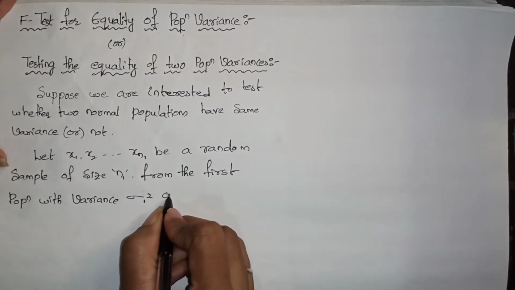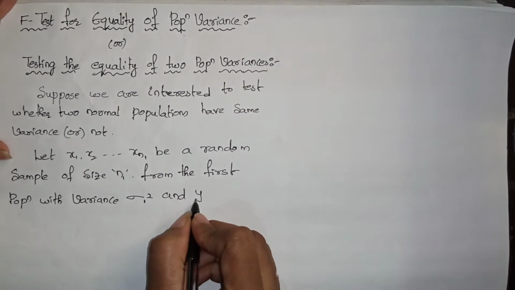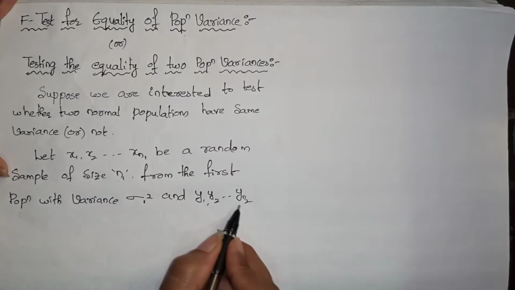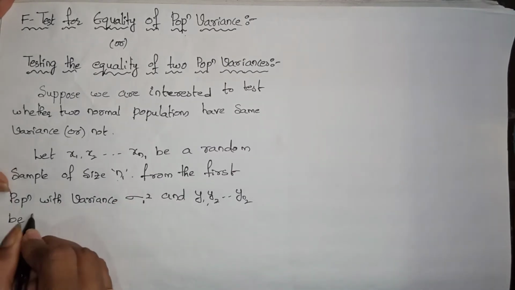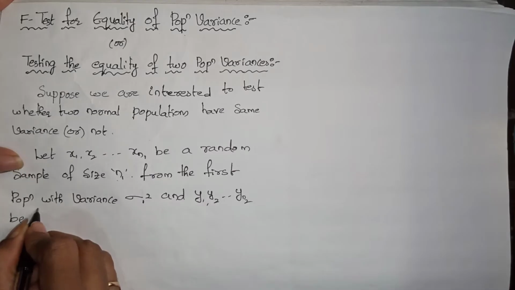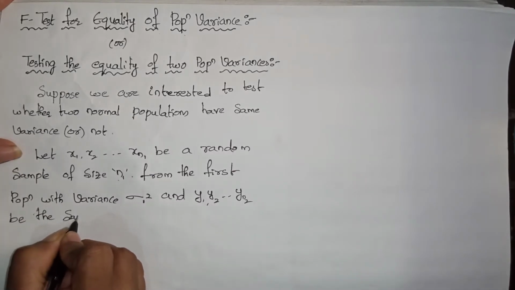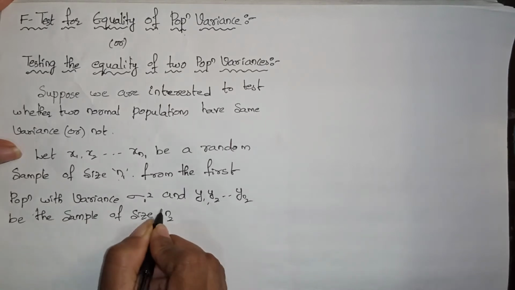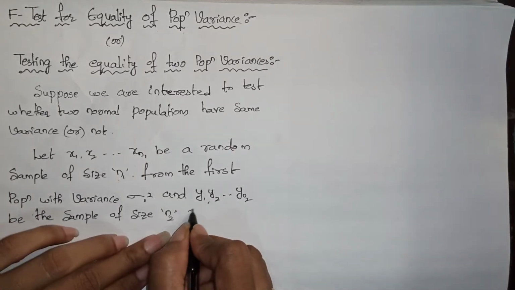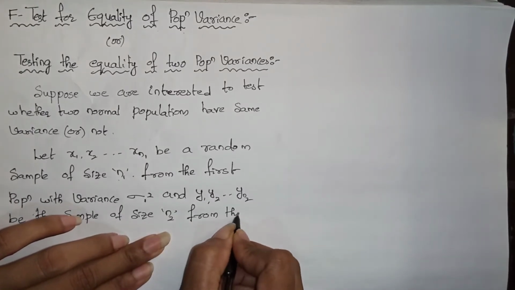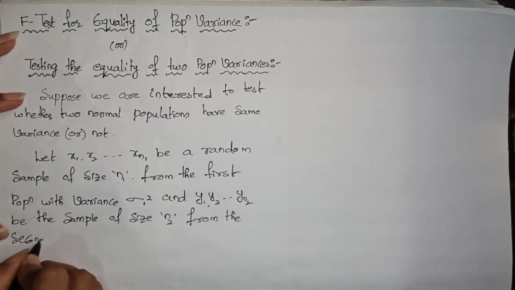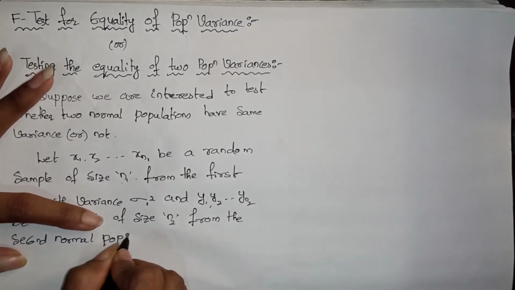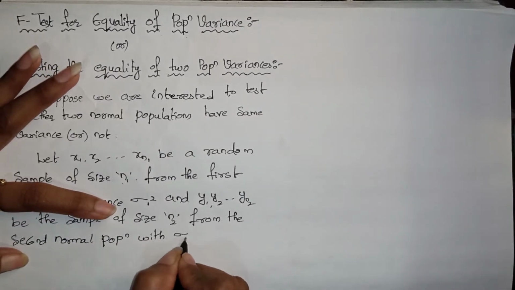Another sample we have to consider: y1, y2 and so on up to yn2, a sample of size n2 from the second normal population with variance sigma 2 square.